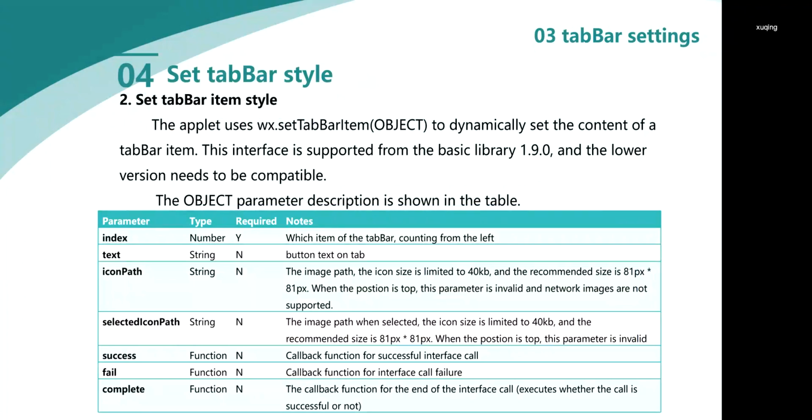We have the parameter success, which is the callback function for successful interface call. Fail, which is the callback function for interface call failure. And complete, the callback function for the end of the interface call, and it executes whether the call is successful or not. Yeah, you see these parameters.